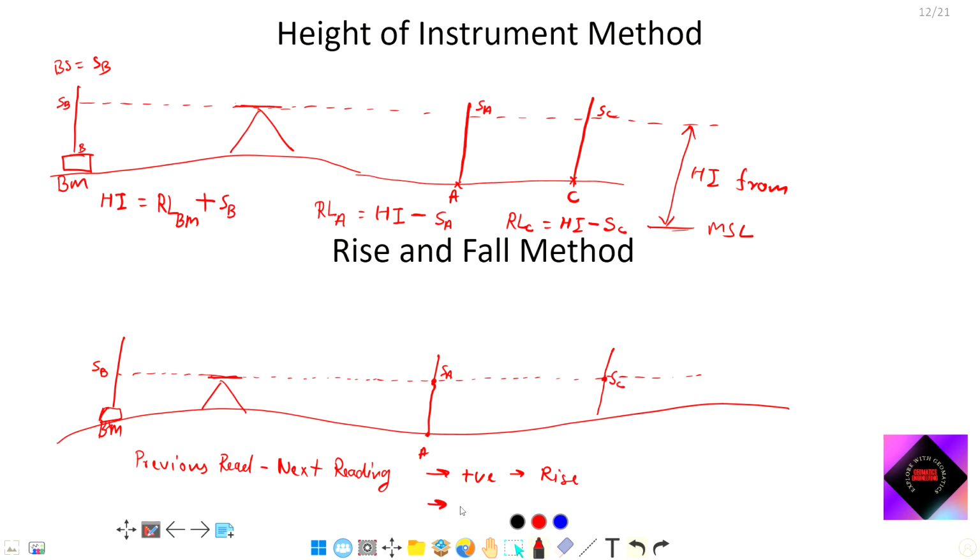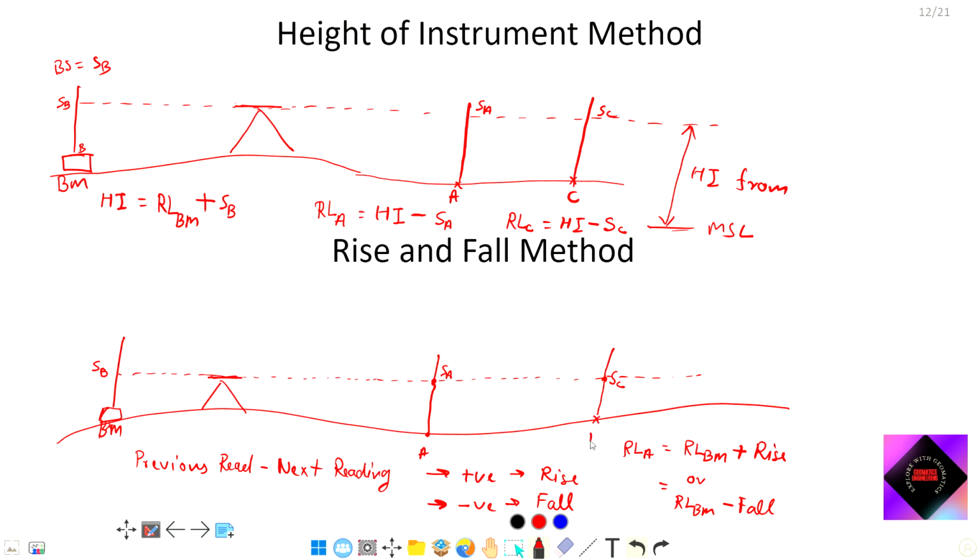And if this value comes negative, then it determines a fall. That means the RL of the new point will be lower than that previous point. So in this way, RL of A will be RL of benchmark plus rise if rise happens, or RL of benchmark minus fall, and so on for further readings.